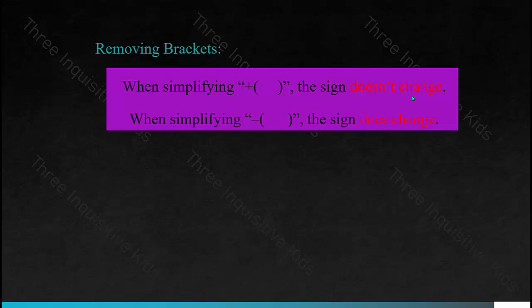So when you're removing brackets, if you're simplifying a parentheses and the sign on the outside is positive, the sign after distribution does not change. This is very important.